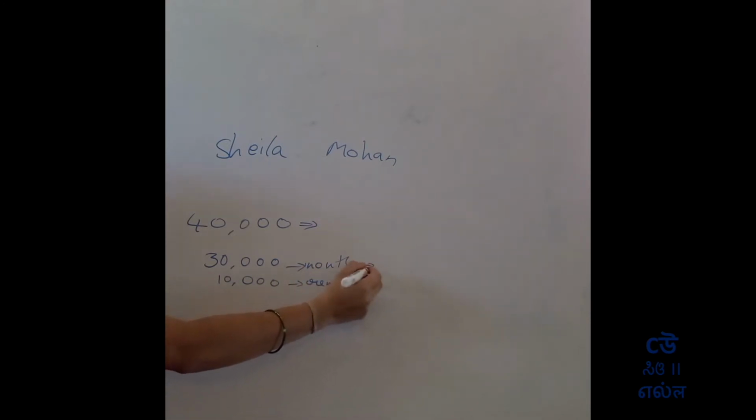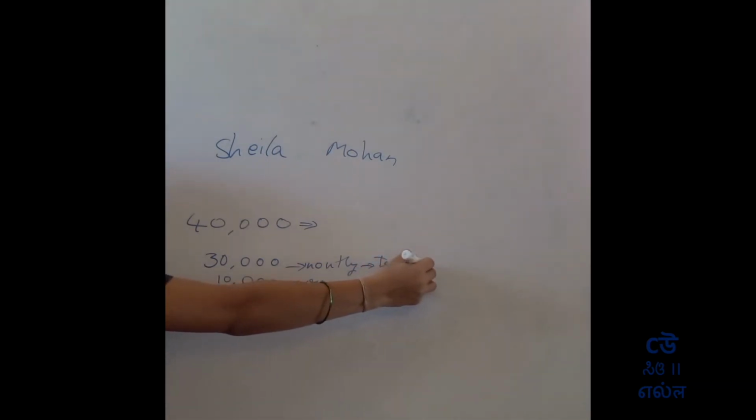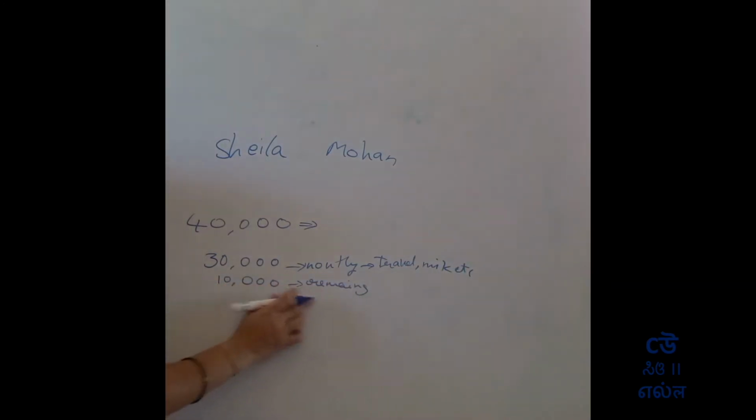So this monthly expenditure goes for traveling, milk, groceries, everything. And the remaining 10,000, if they have a friend's birthday party, they have to spend from this 10,000 amount only.